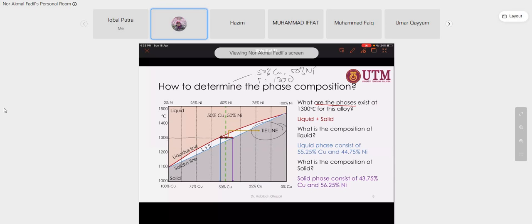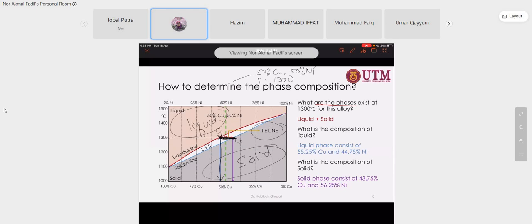Where the tie line crosses this point is the composition of liquid. Where the tie line crosses the blue line is the composition of solid. Why? Because the solid is located here and the liquid is located here. You just straight away read from the bottom.